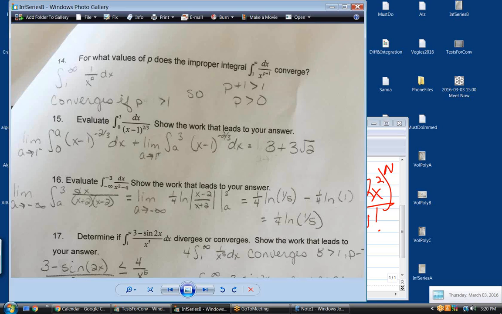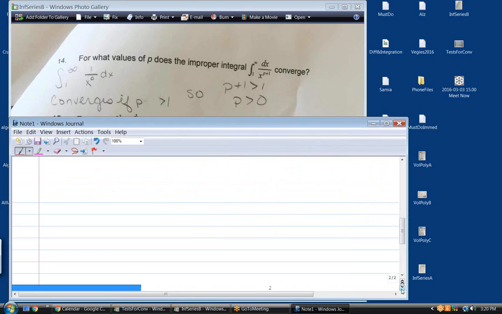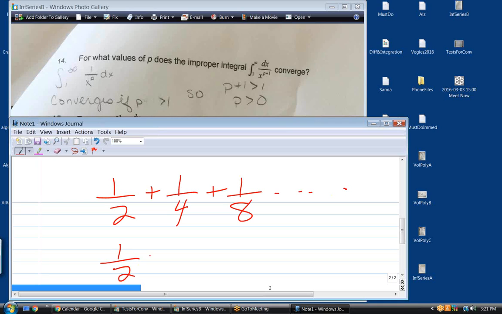14 is a typical p-series. Now, let's talk about this just because there's some very interesting stuff in this. If I take this series here, this is the way your book starts out, that converges.